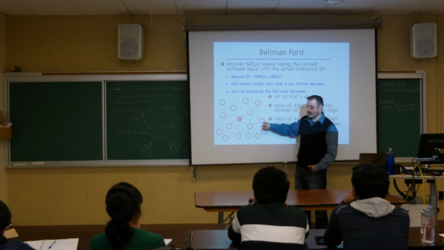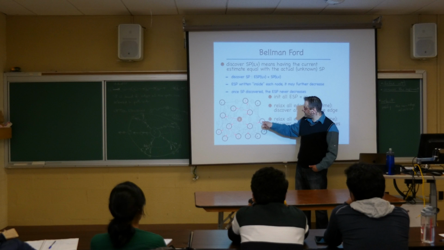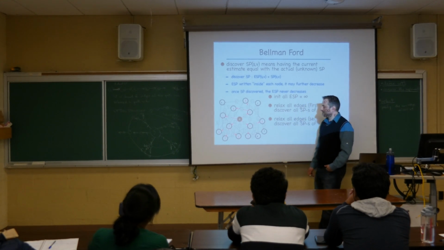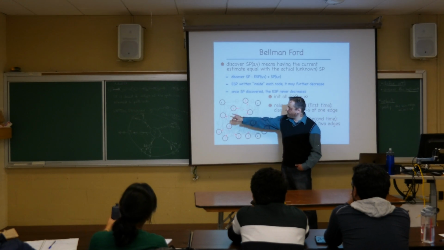I get 1 plus 4 equal 5. Now the algorithm doesn't know that this 5 is the best it's going to get. But I know, globally speaking, as an analysis, that this 5 will not get relaxed any lower. There's no other path that's going to relax this 5 down. So now I already obtained the shortest paths to all numbers in red.